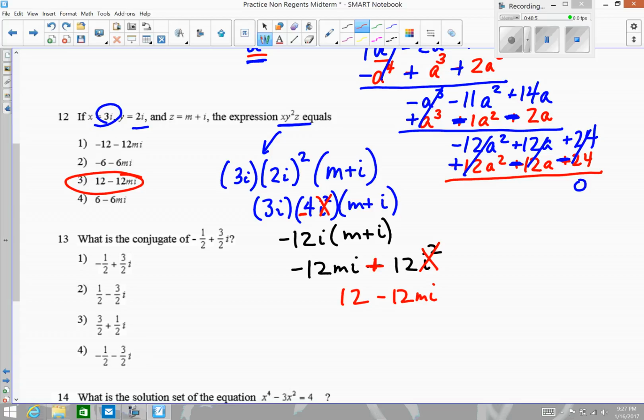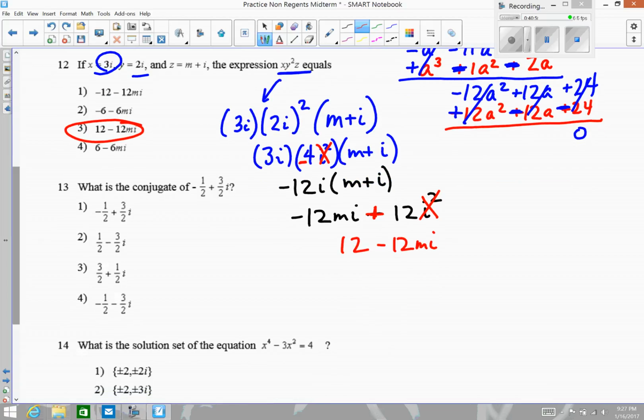Alrighty, moving on to number 13. I want to figure out what's the conjugate of negative 1/2 plus 3 over 2i squared. Remember, conjugates would be forms that are a plus b and a minus b. So my first term has to be exactly the same.